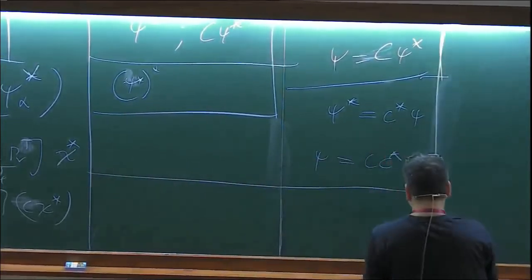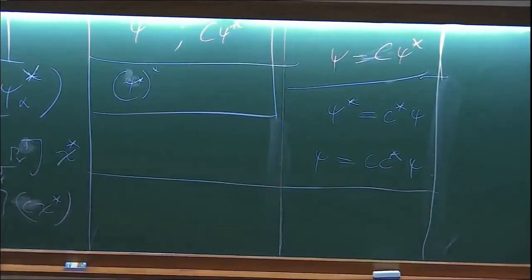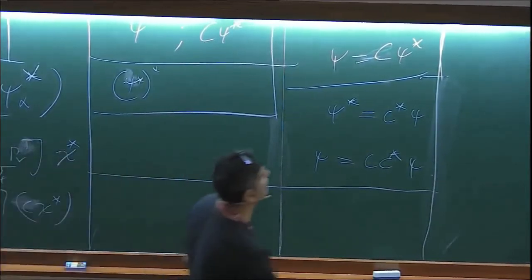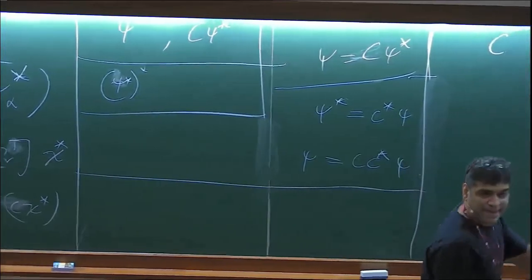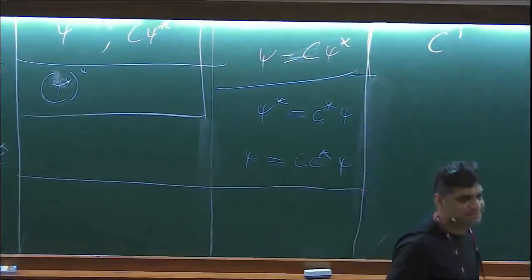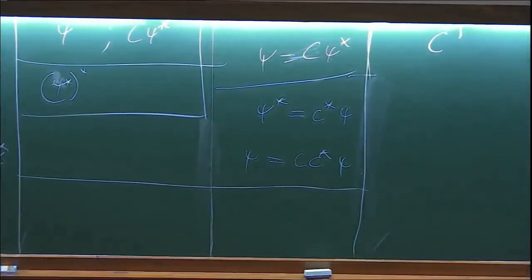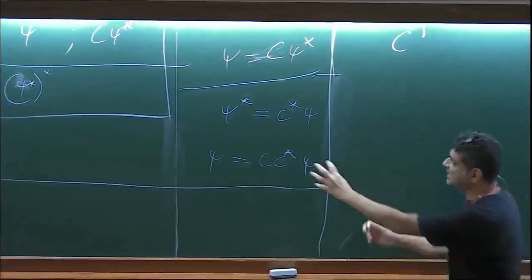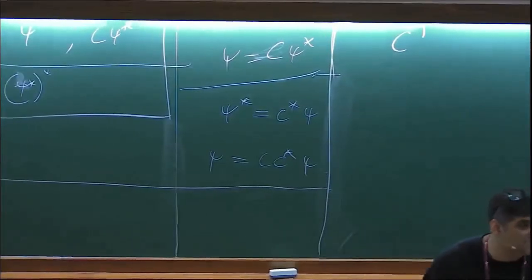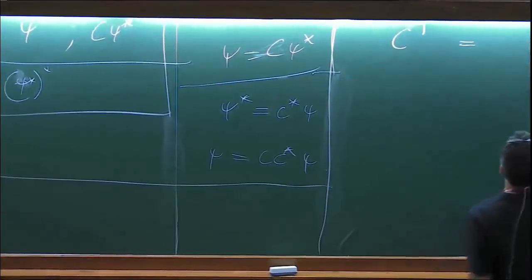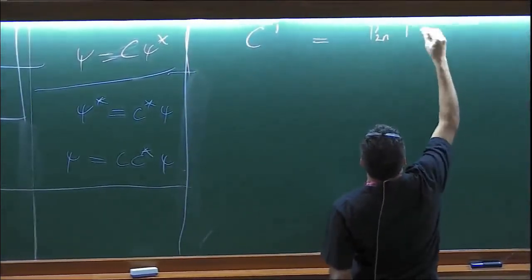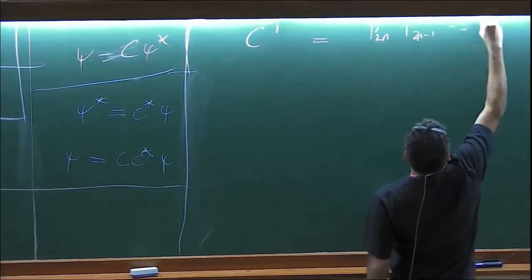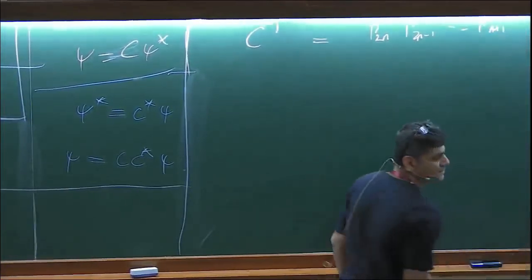So we're going back to review properties of the C matrix. Something important that I haven't yet computed is what C transpose is. So now we're going to study the C matrix for 2 minutes. C transpose is equal to gamma 2n transpose, gamma 2n minus 1 transpose, up to gamma n plus 1 transpose, by definition.